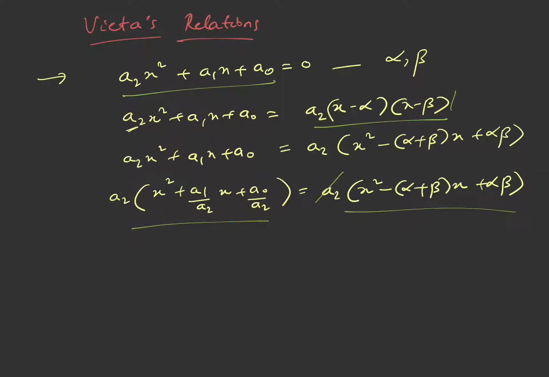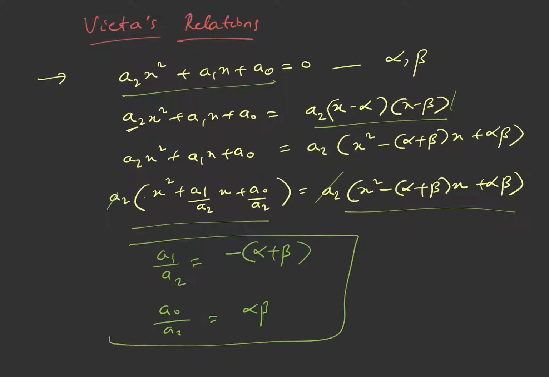If you compare, you see a2 gets cancelled, and the coefficient of x square is the same, 1 and 1. If you compare the coefficients of x, you will get a1 by a2 is equal to minus of alpha plus beta, and a0 by a2 is equal to alpha beta. These are called Vieta's relations.